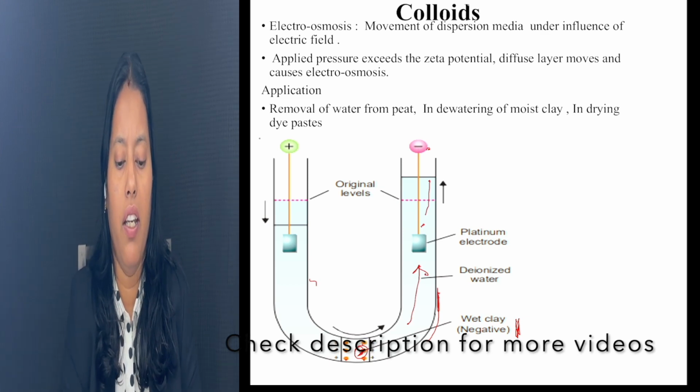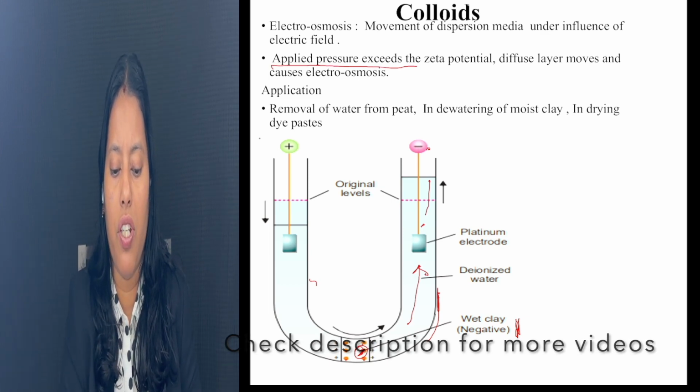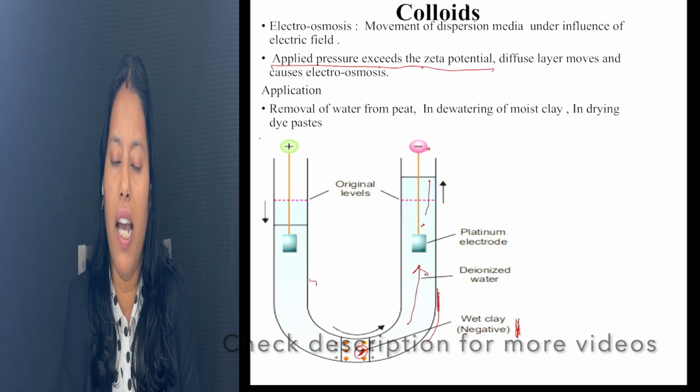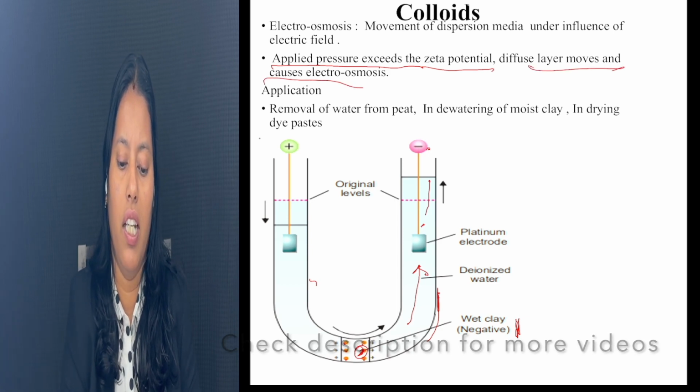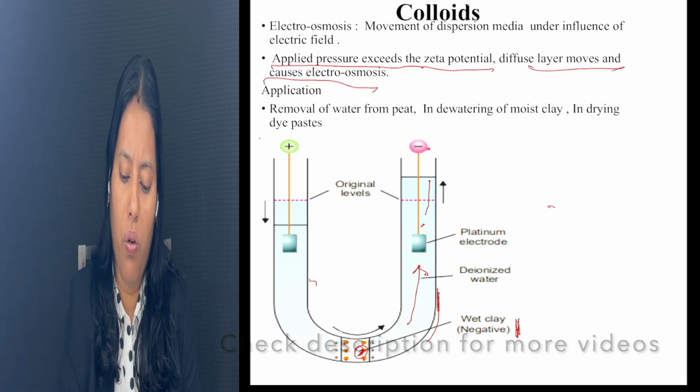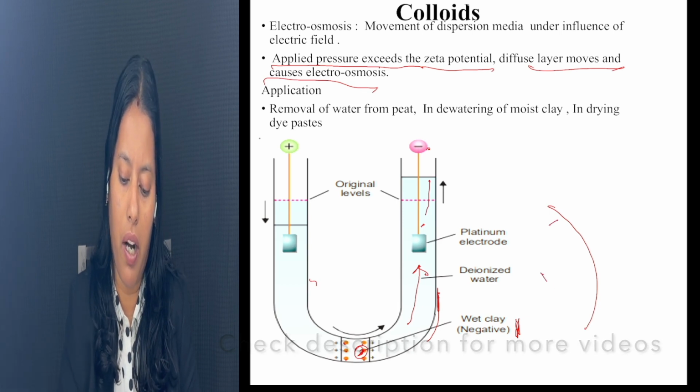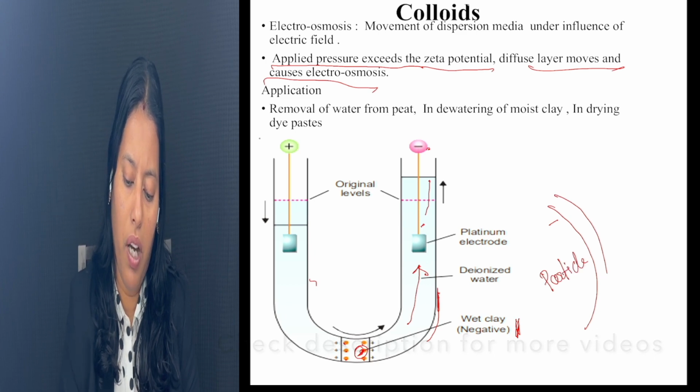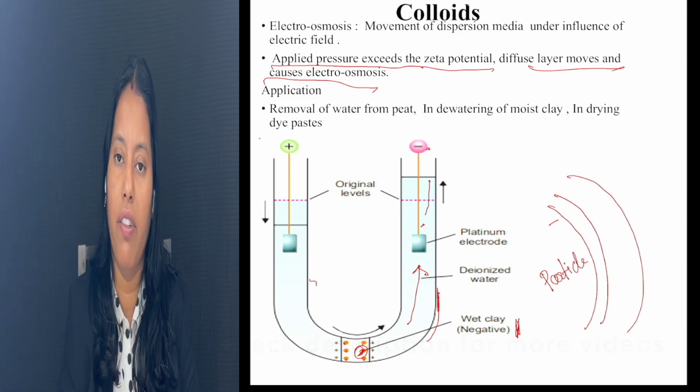So what is happening is that when you apply an electric pressure which exceeds the zeta potential, the diffuse layer is disturbed and it moves, causing electro-osmosis. We know that on the particle surface, if it is a negatively charged particle, you have the compact layer and the diffusion layer.